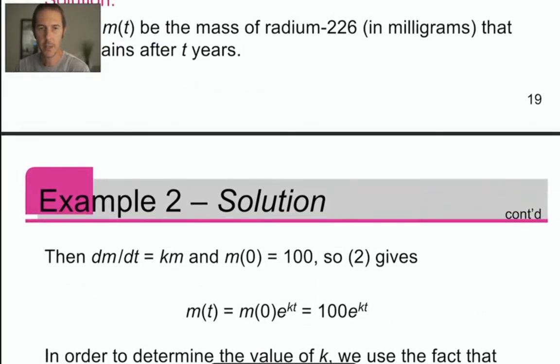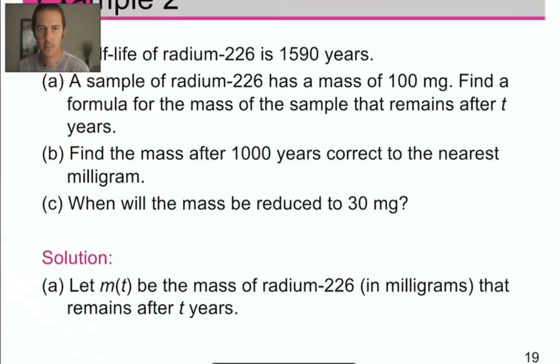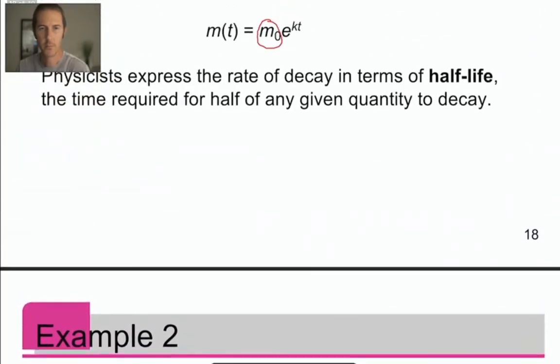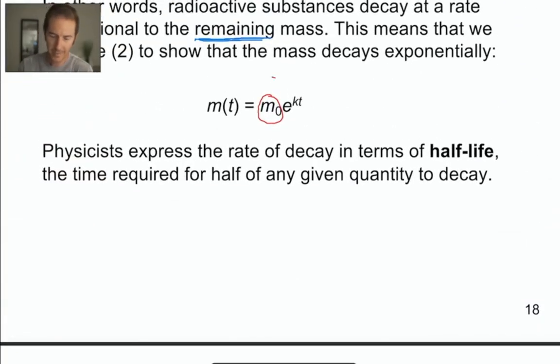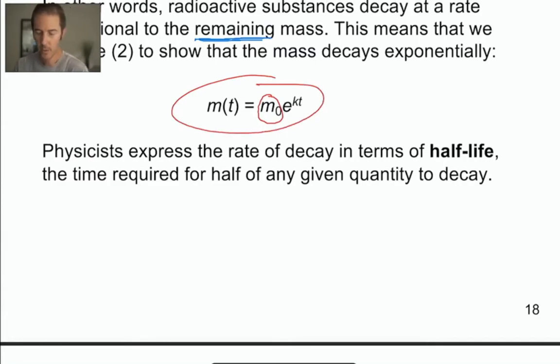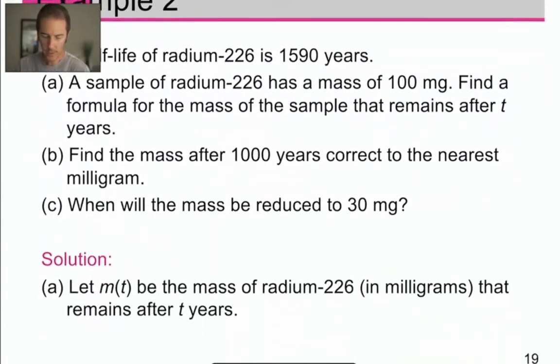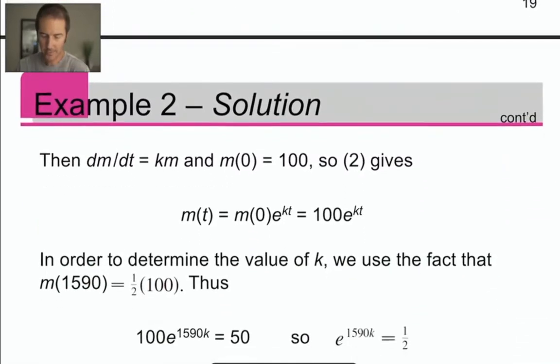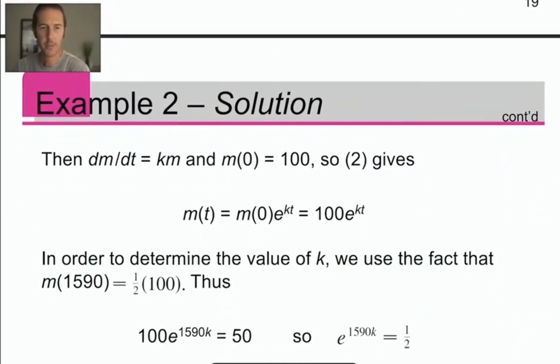And because it abides by this format, we know that we're going to need an initial mass. And thankfully, this problem gave us an initial mass of 100 milligrams. So m sub 0 has all of a sudden been replaced by m of 0.